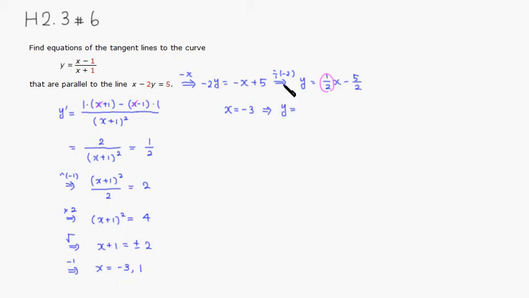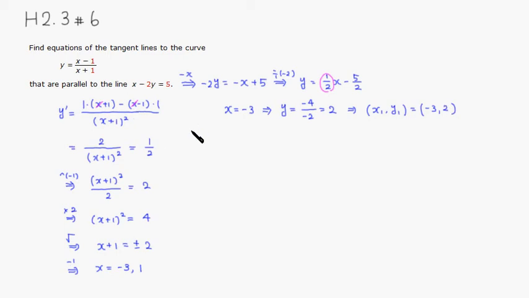So y is equal to negative 3 minus 1, which is negative 4, over negative 3 plus 1, which is negative 2, which means that y is 2. So this will give you a point, x1, y1, and this is going to be negative 3, 2.